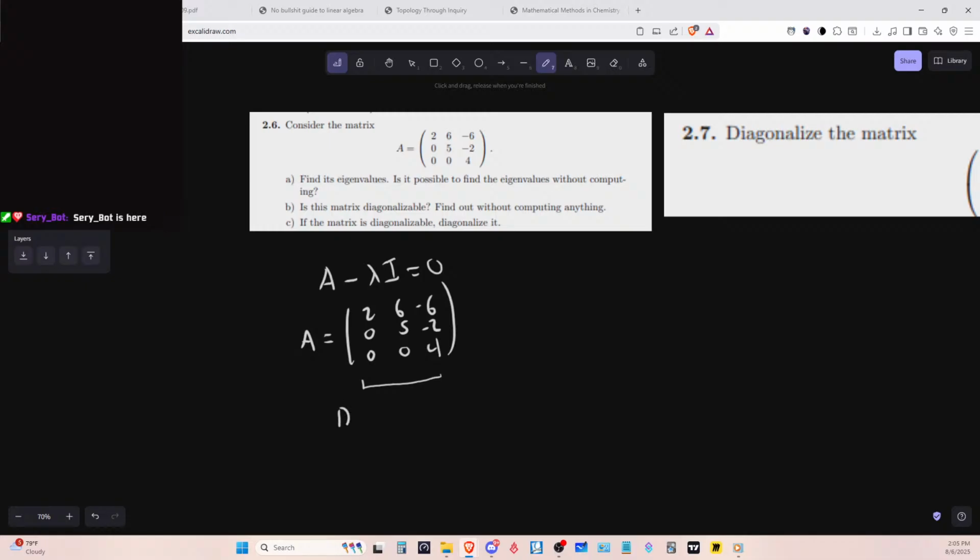So what we know is that the dimension of the column space is 3.